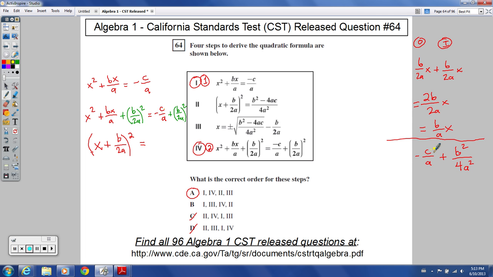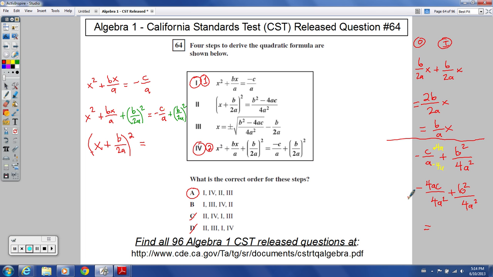That's better. So I could multiply by 4a on the top and the bottom for this particular fraction. That would give me 4a squared on the bottom over here. And so I would have minus 4 times a times c over 4a squared, or negative 4ac over 4a squared, and then b squared over 4a squared over here.